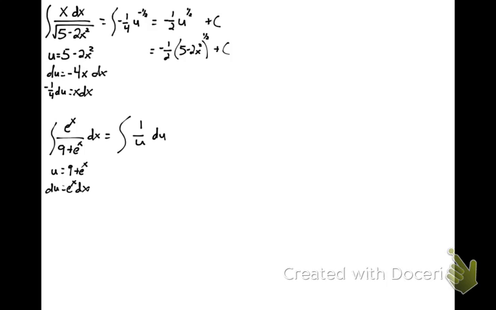And the integral of 1 over u du is the natural log of the absolute value of u plus c. And we know that u has the value of 9 plus e to the x. So we've got our final answer, the natural log of 9 plus e to the x plus c. So again, you can't get locked into one way of thinking about things.